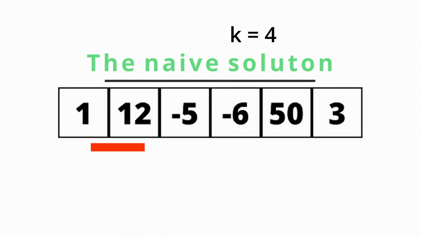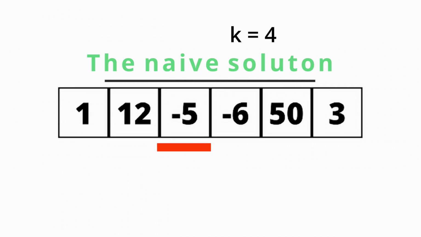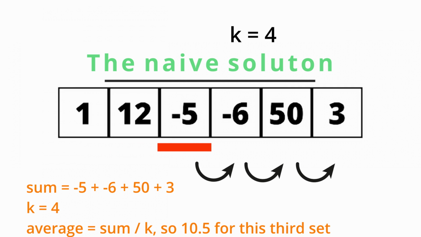Then we'd move on to the second element of our input array. And we would once again iterate through each element up until k, adding the values to our sum and dividing that sum by k. And then once again, for our third element, we'd do the same thing. So at this point, you've probably already noticed why this is inefficient. But let's keep going. Let's write some code.